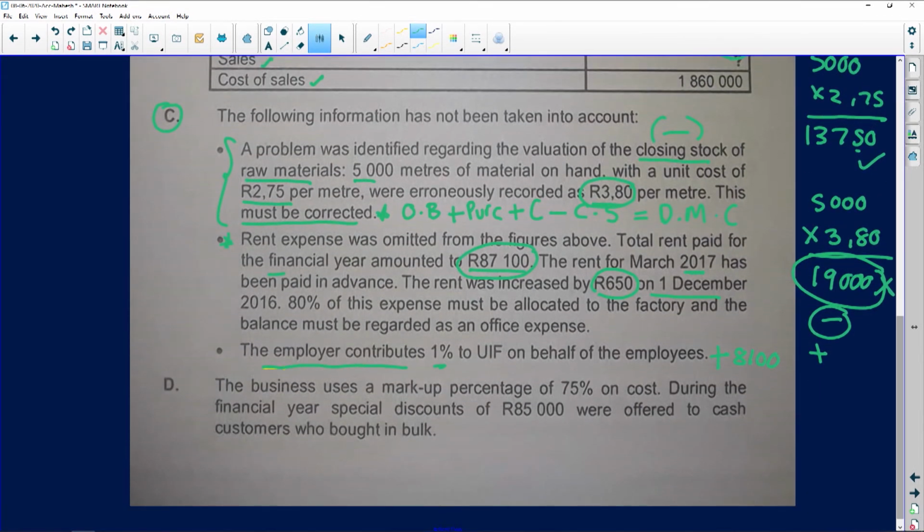So what portion of the rent belonged to the factory? So here we go, 80% of this expense must be allocated to the factory, and the balance is an office expense. So the balance is obviously 20%. Now just yet, we do not need the 20%. We're just interested in the 80%.